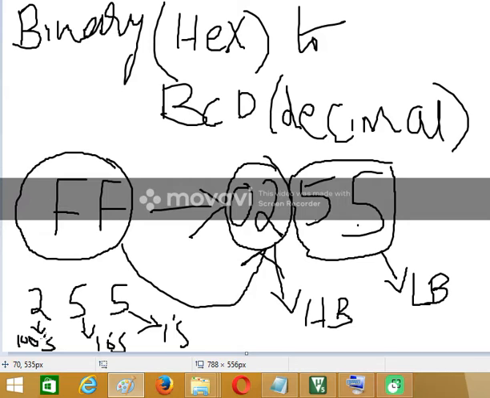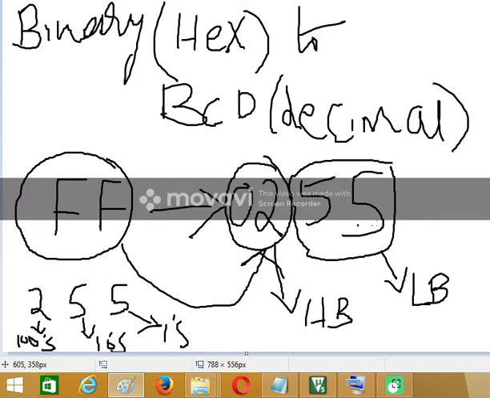Because the hundreds place is obtained as a quotient after division by 100. How will you get the tens place? After dividing by 100 you have a remainder, divide it by 10, so that is the tens place, and the units place means the remaining.